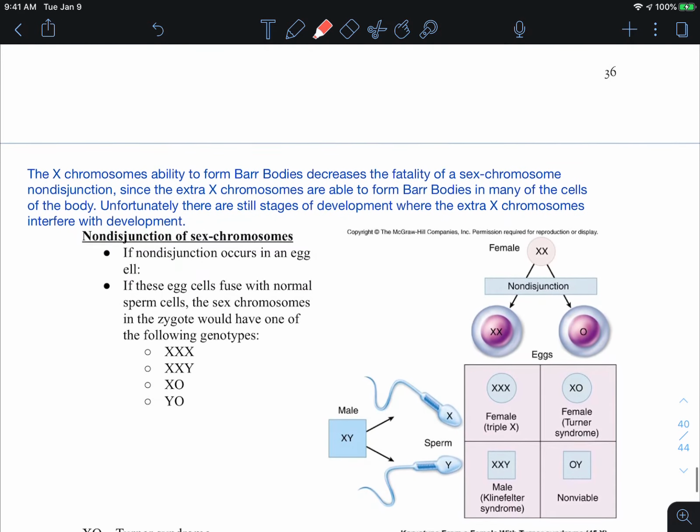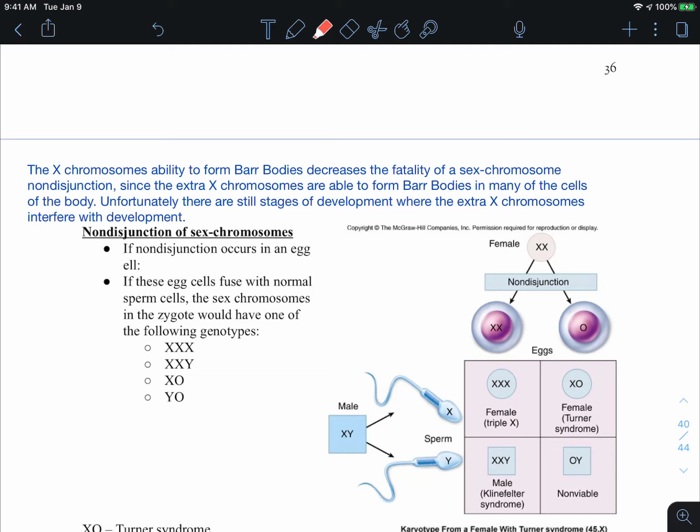So the other possible non-disjunction, the more common one in a way, I guess, is the non-disjunction of sex chromosomes. So that means the non-disjunction of particularly the X chromosome, and this is a more common non-disjunction because the X chromosome, we recall, has that bar body effect.